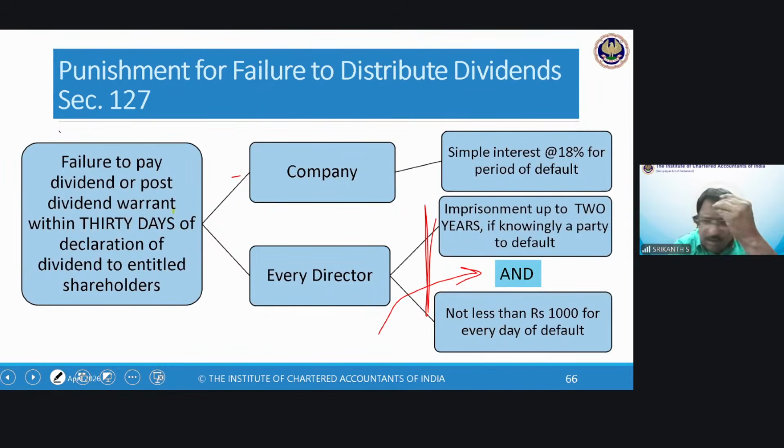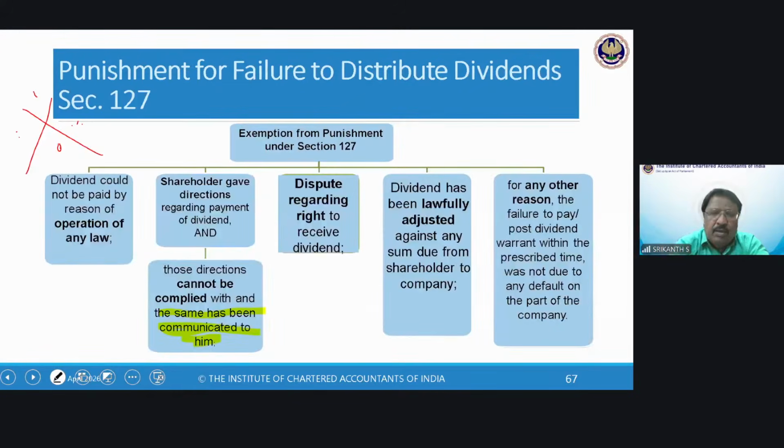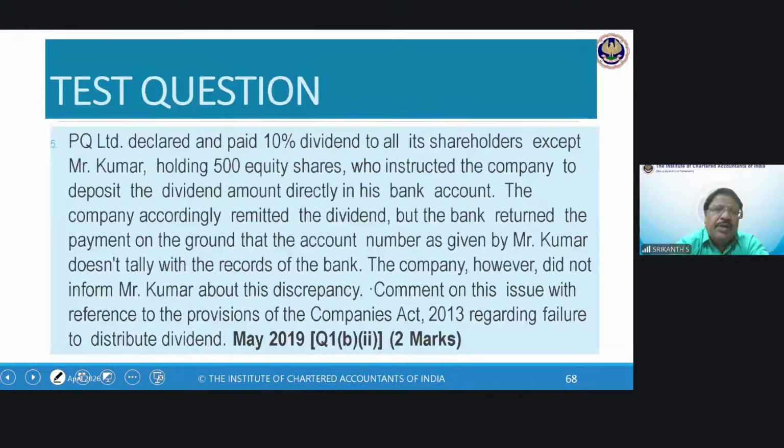You don't know what is the period, no problem. In the instant case, Mr. Kumar has given directions regarding payment which could not be complied with. Nevertheless, the company has not communicated it to Mr. Kumar. Therefore, they will not be eligible for the exemption regarding failure to distribute dividend. So, over 5 lines, you'll get 2 marks. In fact, if you write what I've told you, you will get complete 2 marks.